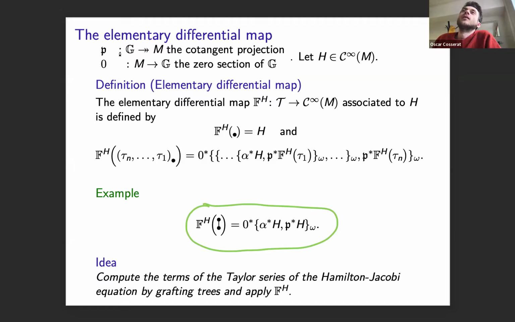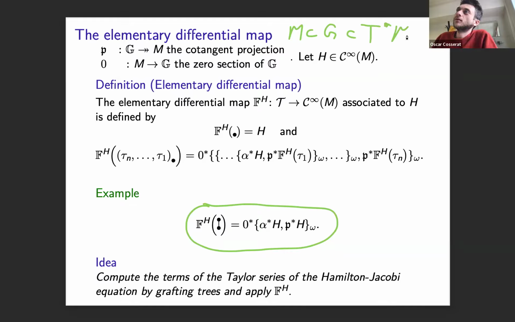In order to encode the terms of the Hamilton-Jacobi equation, let me introduce the elementary differential map. Remember that G is a birealization. If we identify M with the zero section, then G is a tubular neighborhood of M inside T*M.